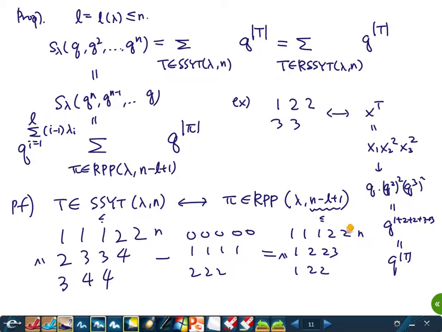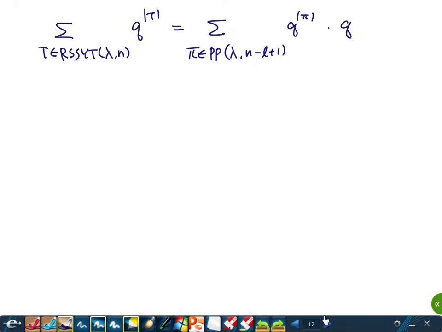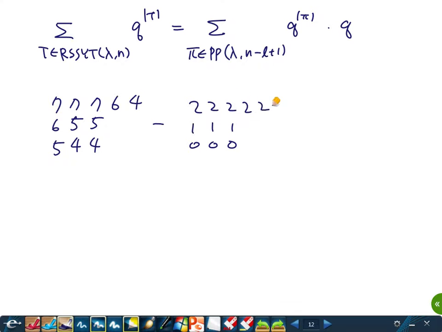But if we consider reverse plane partition, a reverse semi-standard, for instance, let's say 7, 7, 7, 6, 4, 6, 5, 5, like 5, 4, 4. What do we need to subtract? 0, 0, 0, 1, 1, 1, 2, 2, 2, 2, 2, right? Then we get 5, 5, 5, 4, 2, 5, 4, 4, 5, 4, 4.